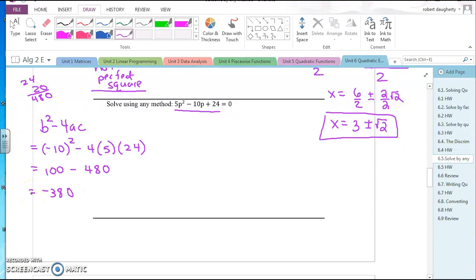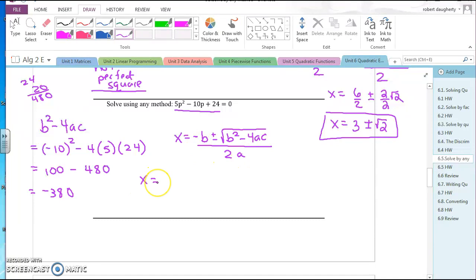So now I realize I'm going to have to take the square root of b squared minus 4ac. That's a complex number. So quadratic formula is the only way this one's going to work, okay? Because I'm going to have i in my answer. So x is equal to negative b plus or minus the square root of b squared minus 4ac, all of that over 2a.